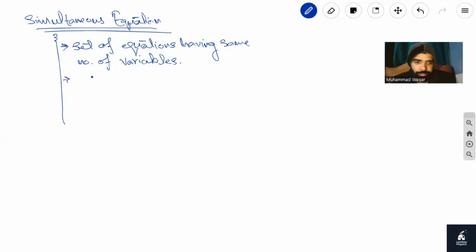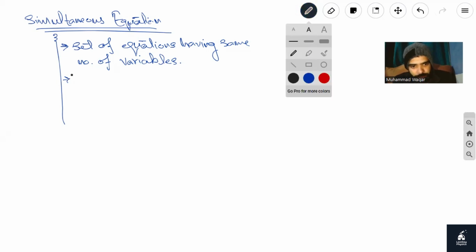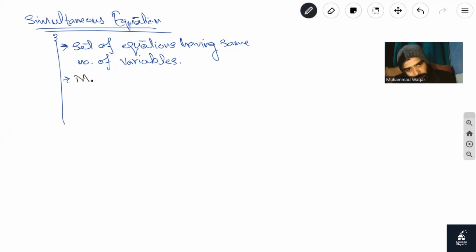Right. Then how do we solve such equations? We have a few methods. Sometimes elimination, sometimes substitution, and sometimes comparison. Most of the students feel easy to use the substitution method.